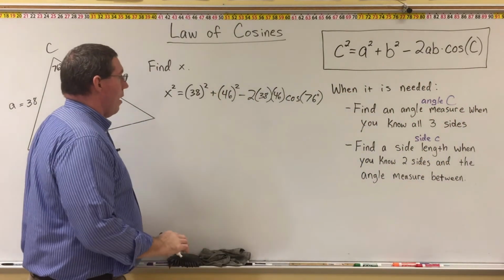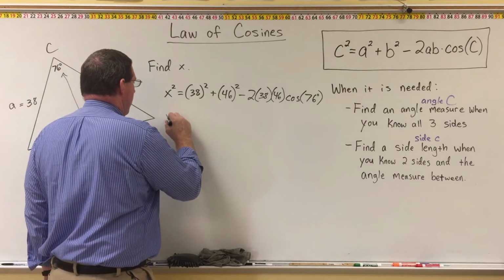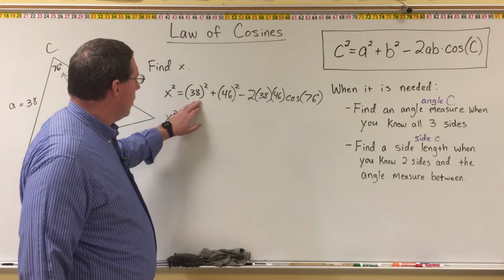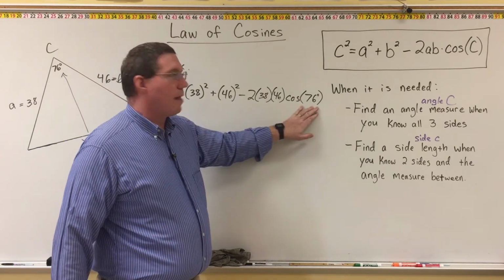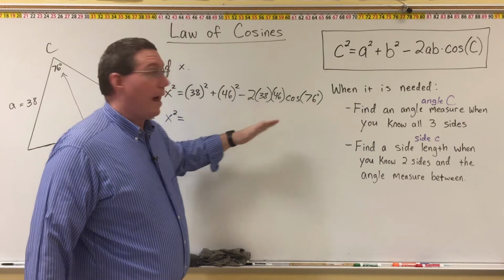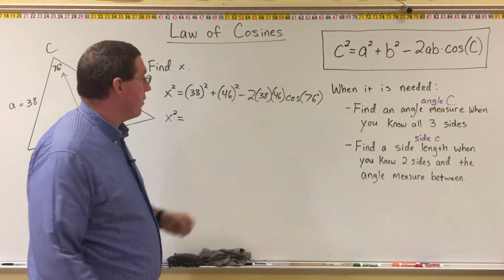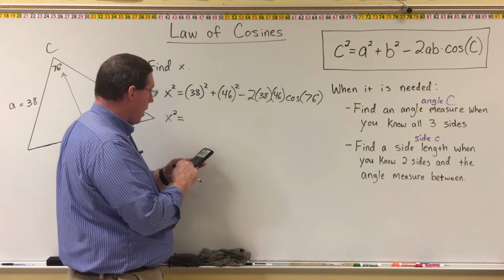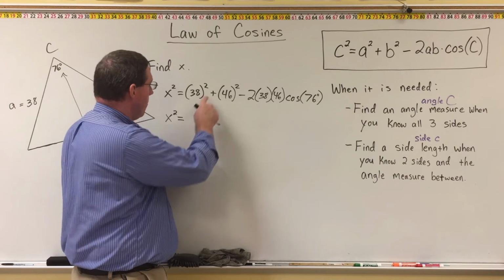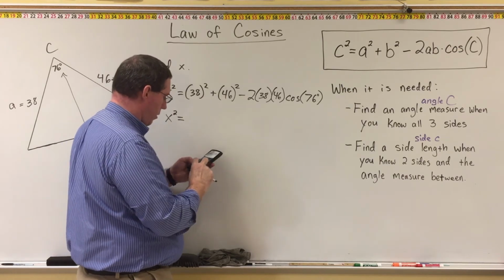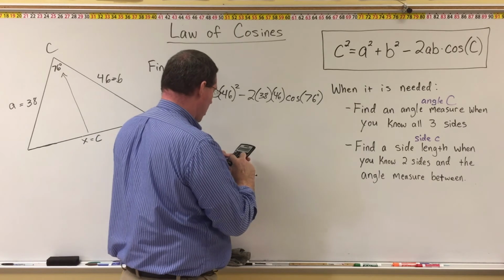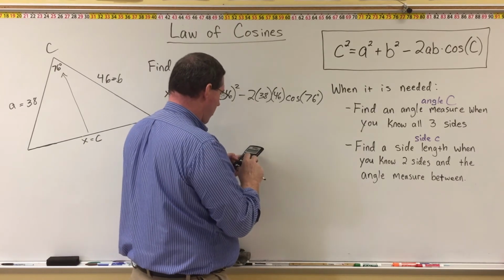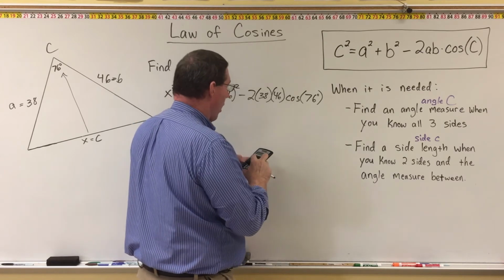All right, now let's bring down our x squared. X squared equals. Here's something I want you to see: in this particular solution, everything on the right side of this equation is now a numeric value. So we could just key all this into our scientific or graphing calculator and get a number. Let's do 38 squared plus 46 squared minus 2 times 38 times 46 times cosine of 76.